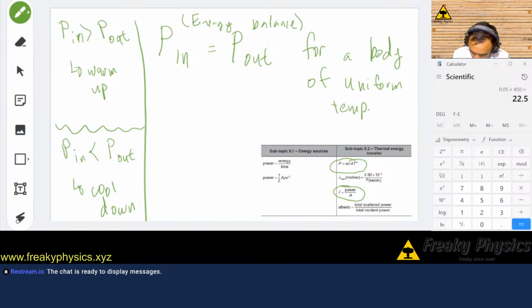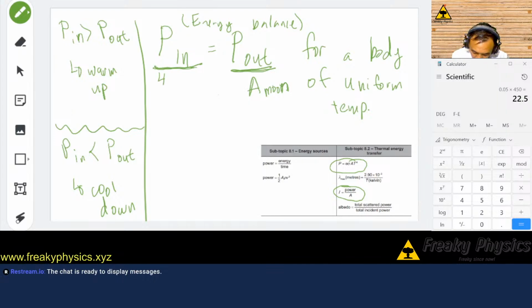So, in other words, this is the moon. The power into the moon is going to be some value, and the power out of the moon is going to be some value. I'm going to divide the power output first by the area of the moon. What do I divide the power in with? I'm going to have to divide this by 1/4 of that.